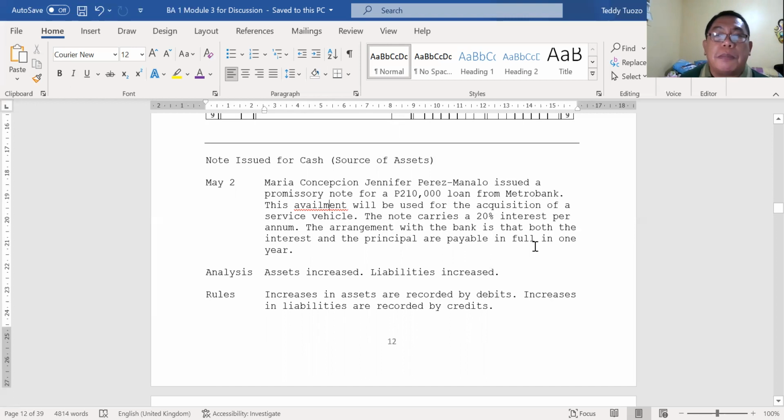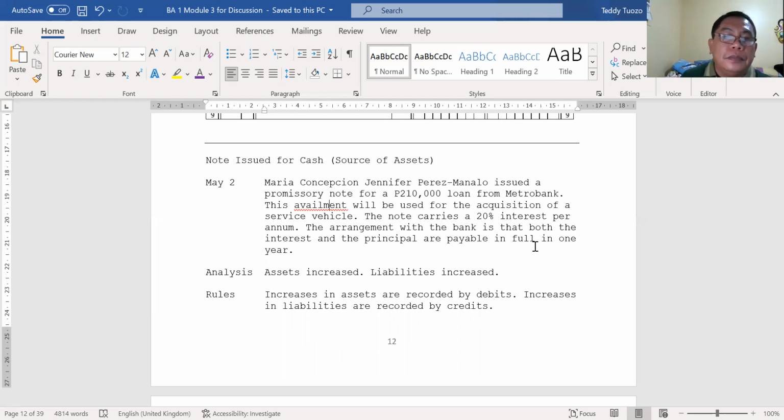So what is being increased here, or what are the accounts affected? Of course, there is notes payable, and an increase in cash. Kay nakadawat man ko ng kwarta, no? From the bank, the bank issued you a check, that is again a cash account. So the asset here is increased in the form of cash, and liabilities here are also increased kay nangutang man ko in the form of notes payable.